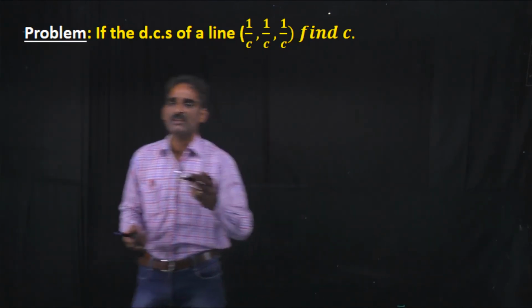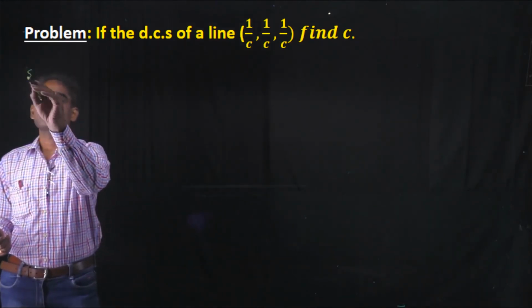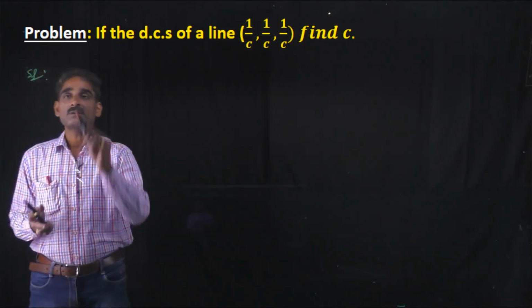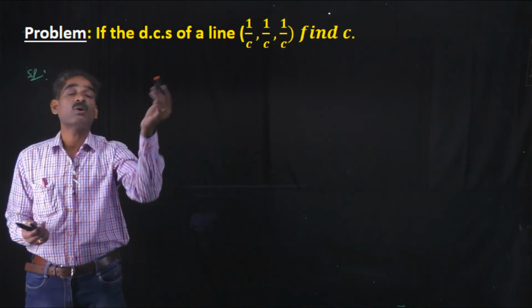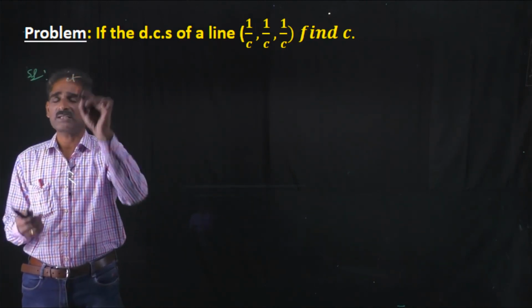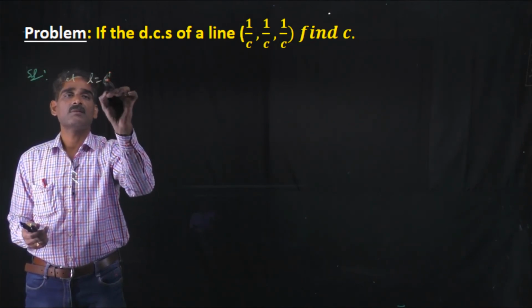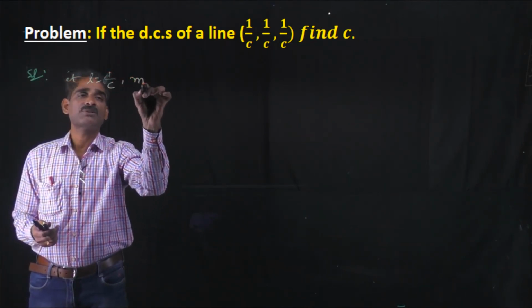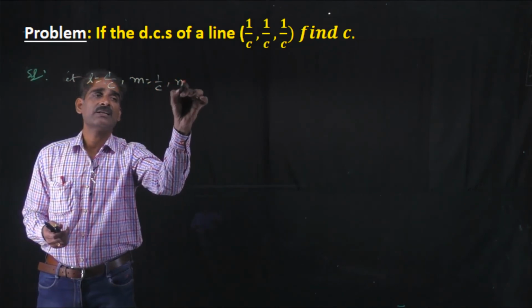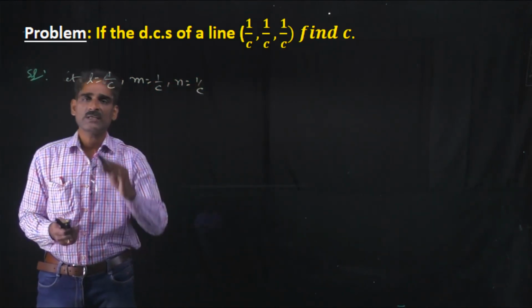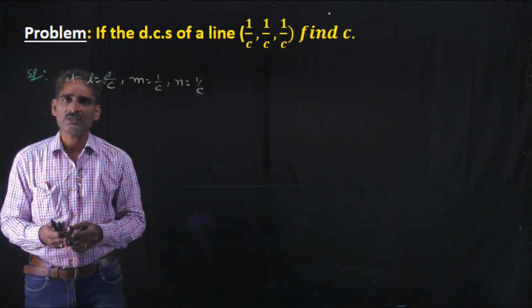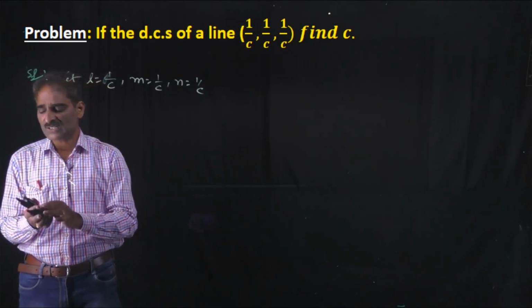Here we have given that the DCs of the line are 1 by c, 1 by c, 1 by c. Let us take l is equal to 1 by c, m is equal to 1 by c and n is equal to 1 by c. Okay, we know what the condition is.